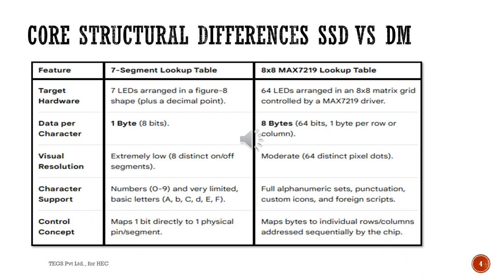The 7-segment display control concept maps 1 byte directly to one physical segment pin. The control concept of MAX7219 maps bytes to individual rows and columns, addressed sequentially by the IC chip.